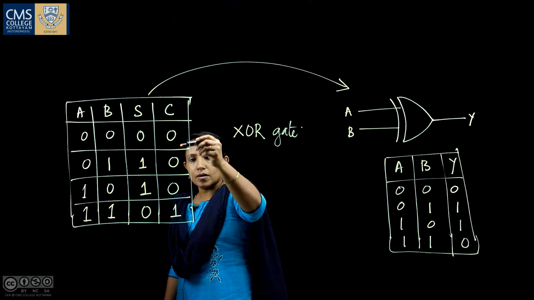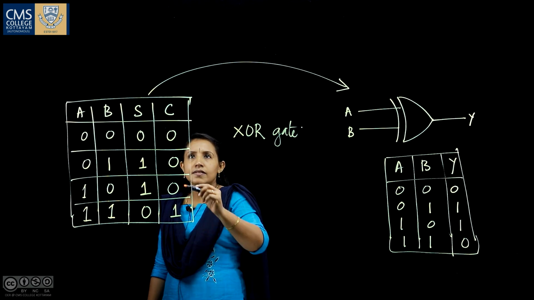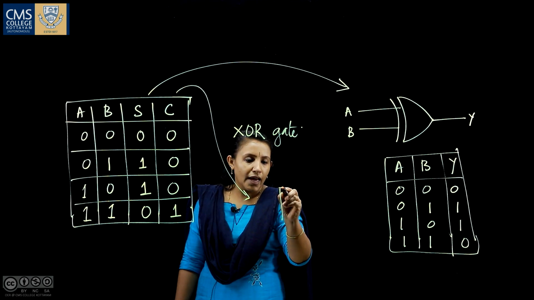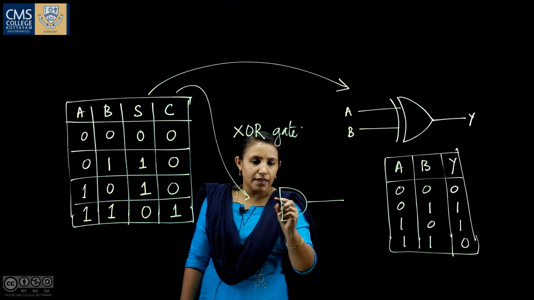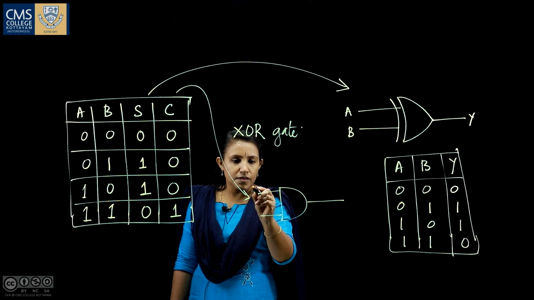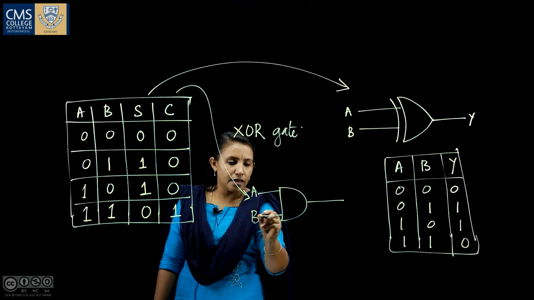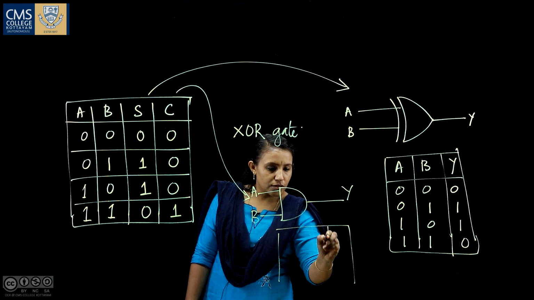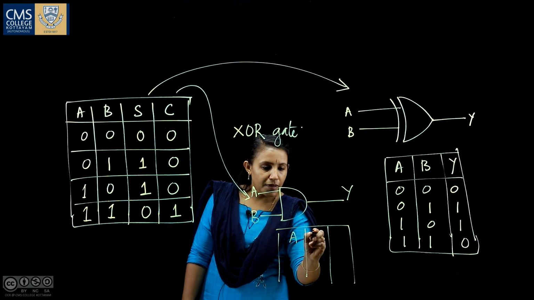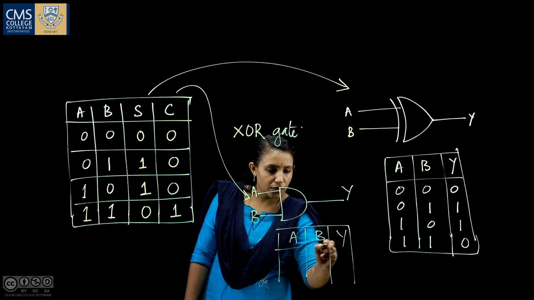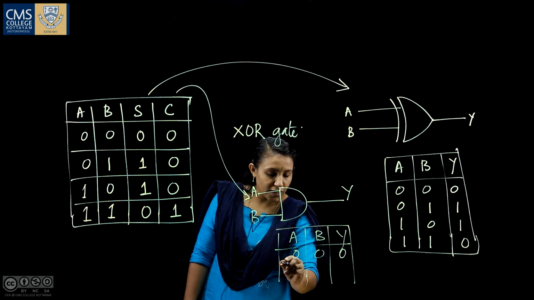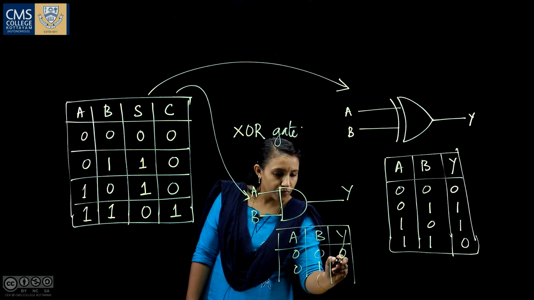Similarly, look at this column of carry. It is very much similar to the AND gate. This is the AND gate. These are the inputs A and B. This is your output. You can look at its truth table. A and B are the inputs and Y is the output. For 0 0, you get the output as 0. For 0 1, you get 0.